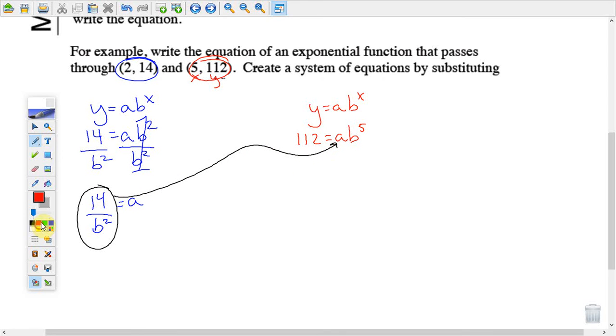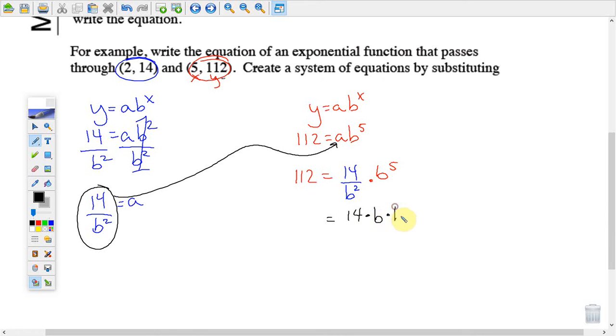So I will have 112 equals 14 over b squared times b to the 5th. Let's think about what this means. Remembering our rules for exponents, b to the 5th means that I'm multiplying 5 b's.